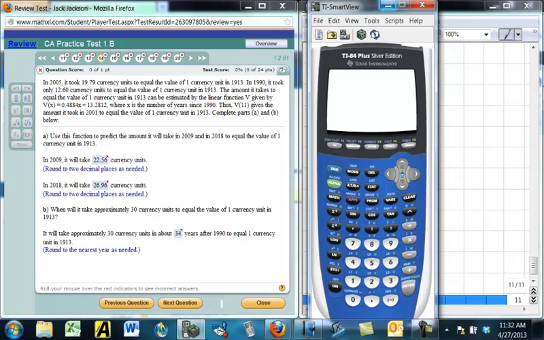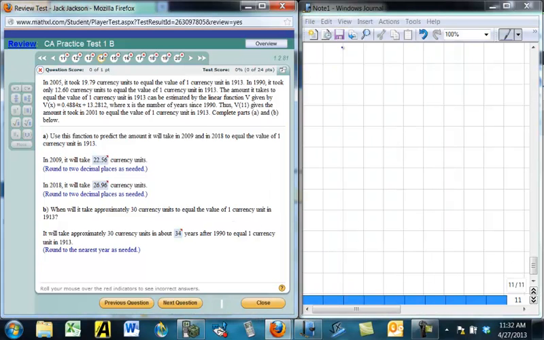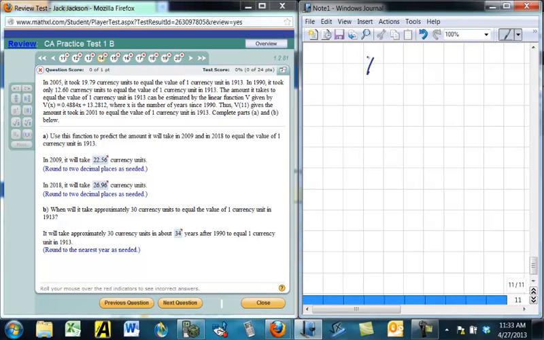So basically, you've got the old and the new. Y is the equivalent units, and X is the year.